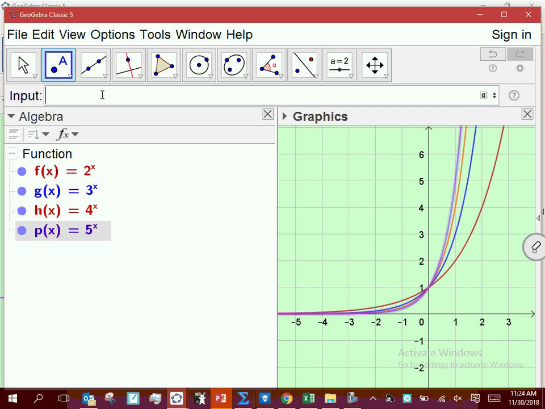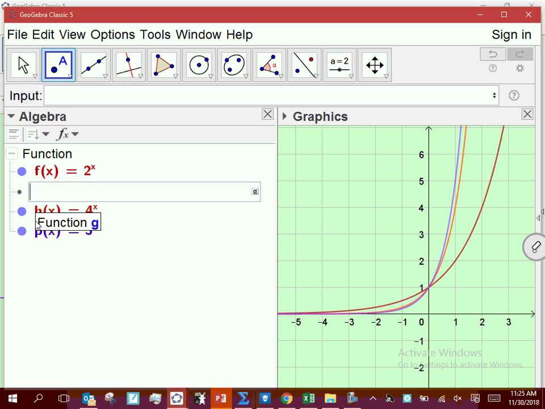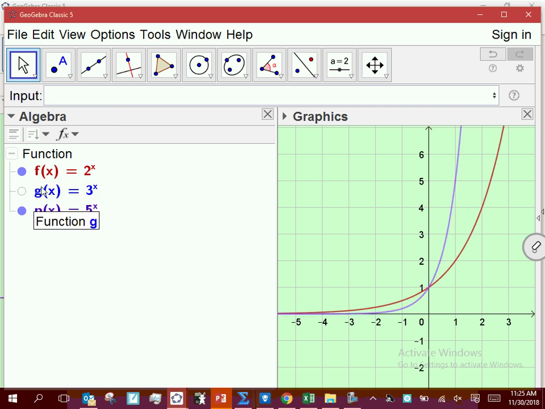Obviously, though, the larger the base, the faster the y values increase. Because taking 2 to the third, giving me 8, taking 5 to the third gives me 125 right away, right? Okay, so obviously the larger the base, the quicker that thing increases. I like to use 2 to the X in a lot of my demonstrations. And if we can do the work with 2 to the X, we ought to be able to kind of transfer that over to all the other ones.